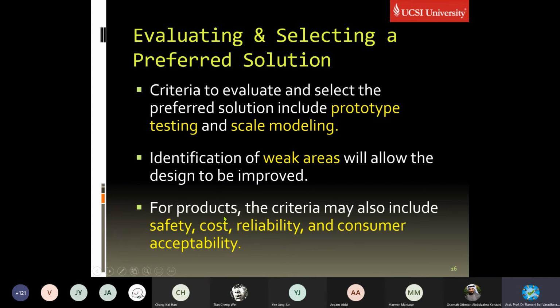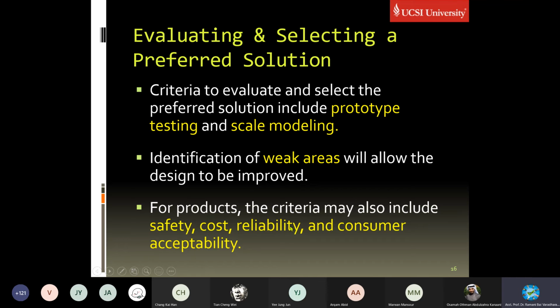But when it comes to products, you must go one more step to evaluate for its safety, cost effectiveness, marketability, reliability, sustainability, consumer acceptability. What is the result of the market survey? Then only you can launch the product, otherwise you end up with loss.